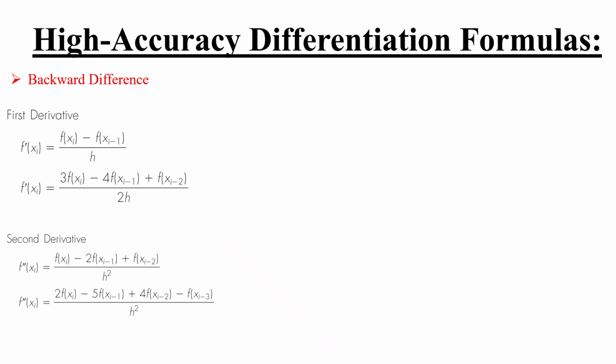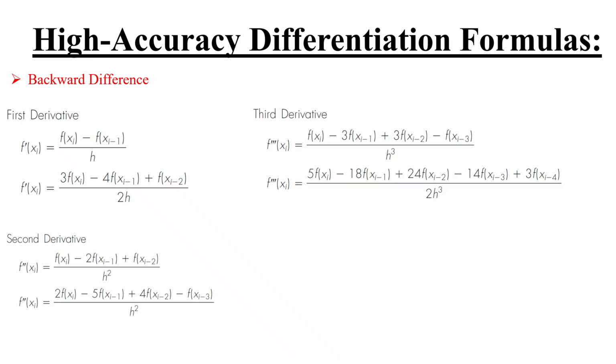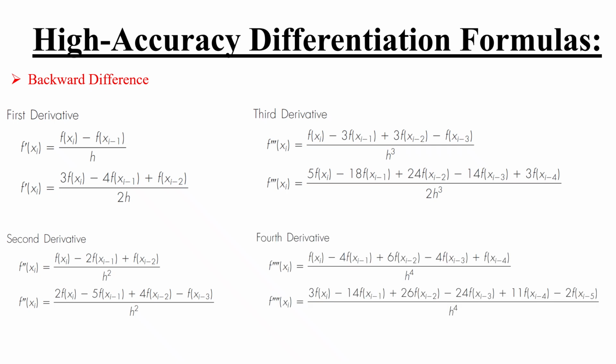So it can be written for second order, similarly for third order as well. So the first formula in the third order is without including more terms, or not the high accuracy, but the second is including more terms with high accuracy formula. Similarly, it can be written for fourth order.